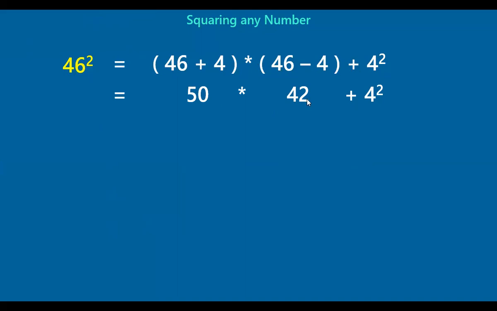It's very easy to multiply 42 with 5. Of course, 0 is there. We put 0 and we multiply this 42 with 5. So very simple. We get 210. So 2100 plus 16. So the answer is 2116. You see how simple it is. In a very fast manner, we can get the square of this complex number even.